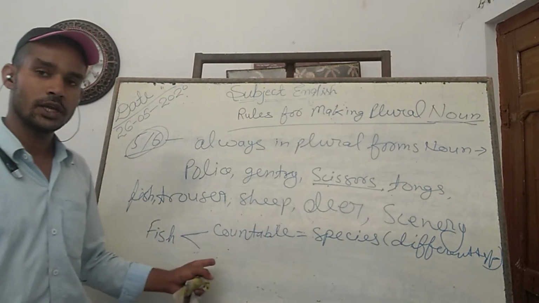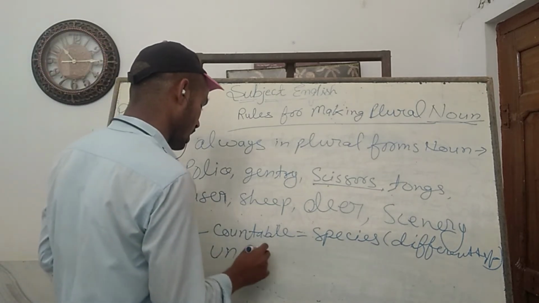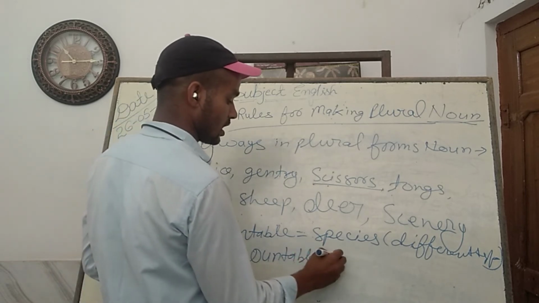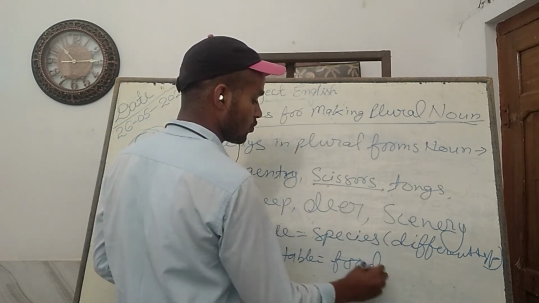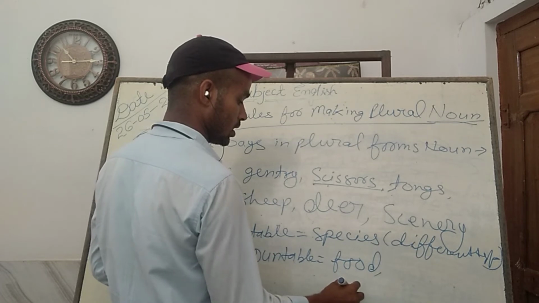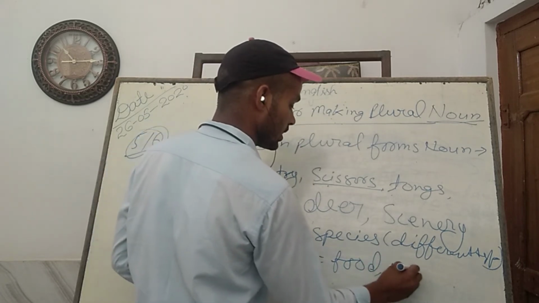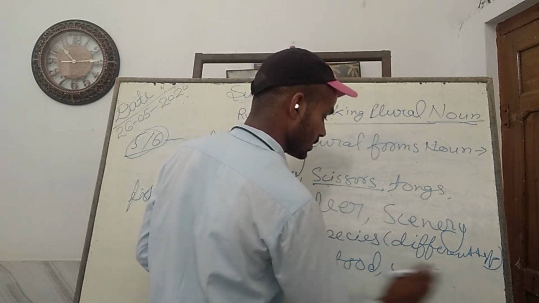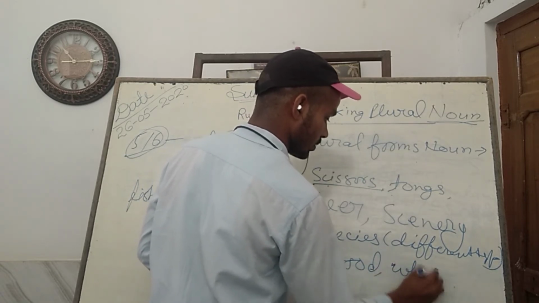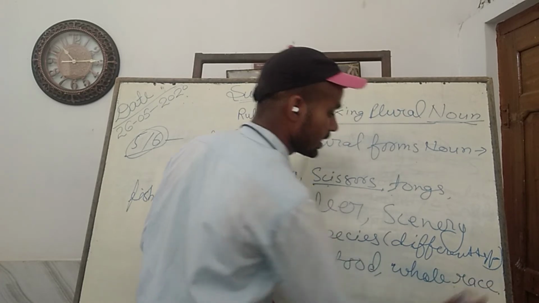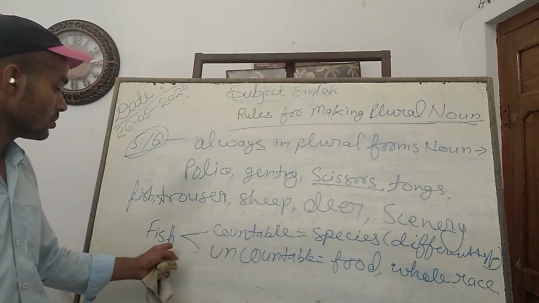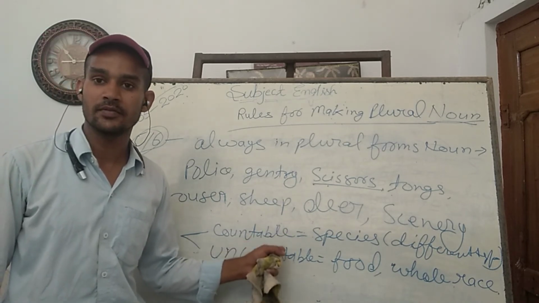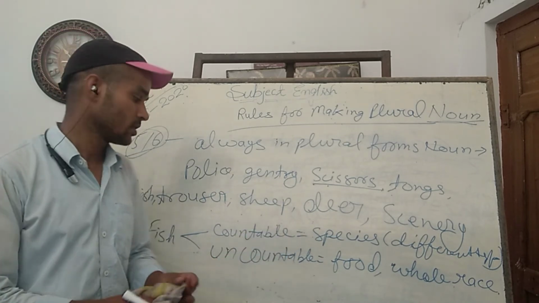But if fish is used as an uncountable noun, for example, for the purpose of food and as a whole race, then it will become an uncountable noun and it will always be used in singular form.